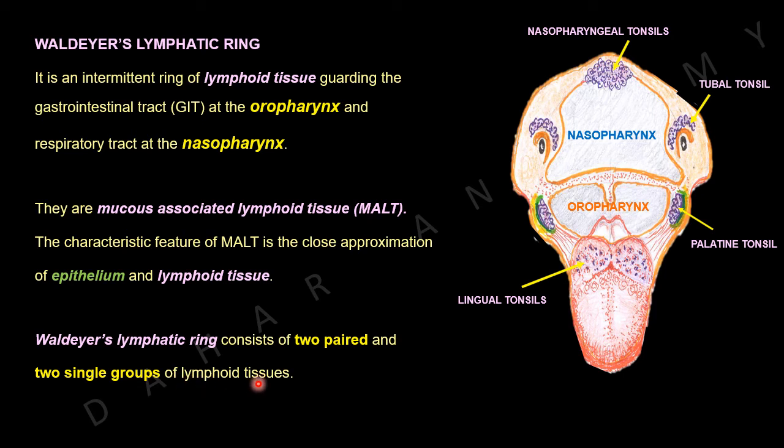Here you can see two pairs, one pair in the nasopharynx, one pair in the oropharynx, and two single here, one at the back of the nasopharynx and one on the dorsum of the tongue, posterior 1/3.